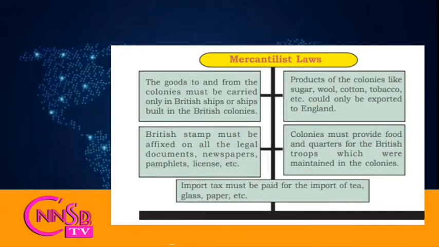The goods to and from the colonies must be carried only in British ships or ships built in British colonies. Products of the colonies like sugar, wool, cotton, tobacco, etc. could only be exported to England.